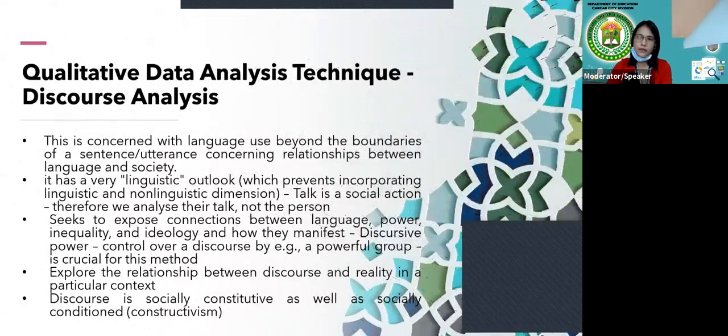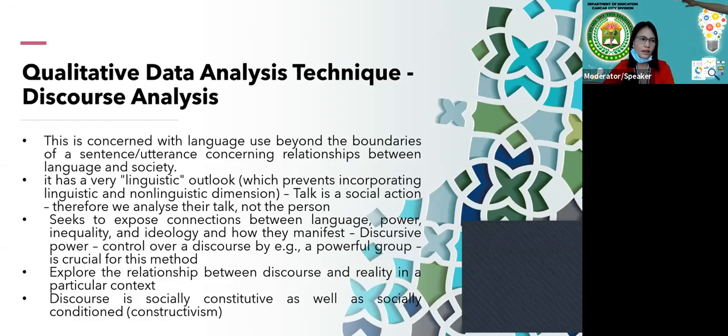Next is what we call discourse analysis. This is concerned with language, so much more of analyzing language. Okay, so this is concerned with language use beyond the boundaries of a sentence, utterance, concerning relationships between language and society. Why do they speak this way? And why is it their manner of speaking?